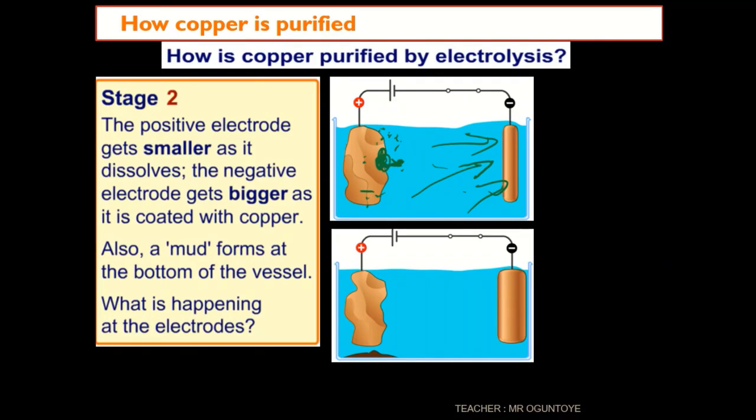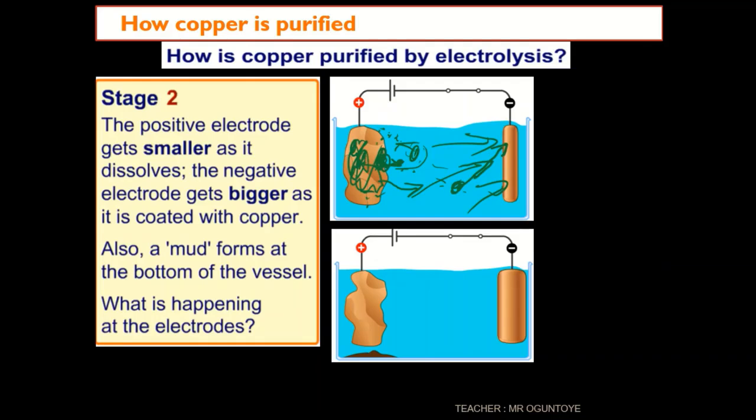So all the copper, just take it as a very simple form, copper here as impure copper, will leave this particular electrode and dissolve into the solution. Okay, so copper from this will go into solution and get deposited at the negative electrode, which is your cathode. So when they get to the cathode, they get deposited.